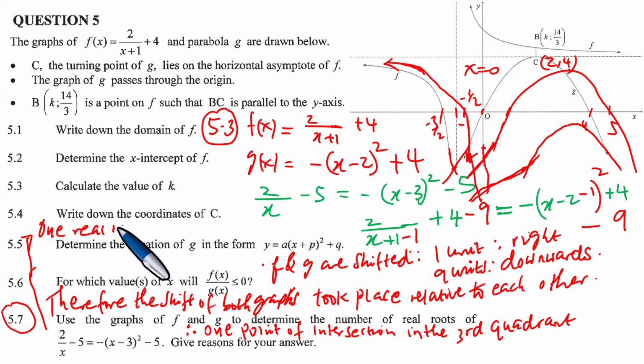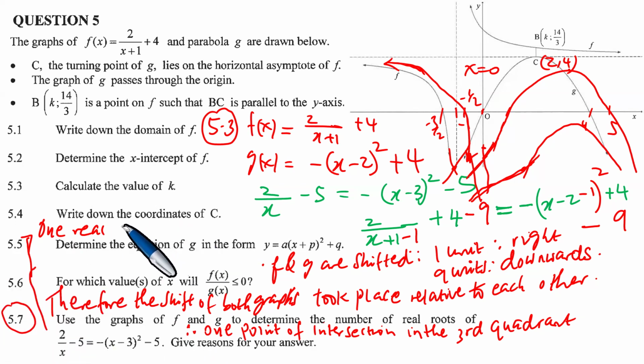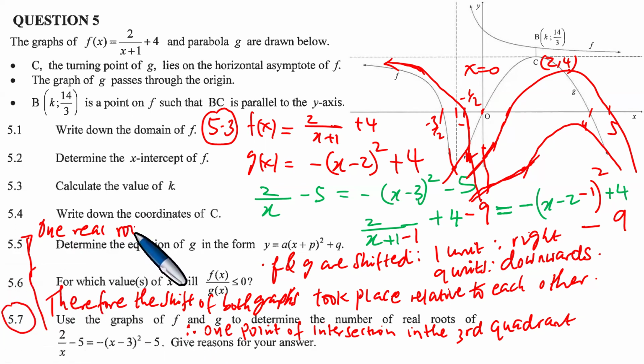Because there is 1 point of intersection in the third quadrant, there is 1 real root. So let's write that 1 real root there. Just take note of that. Because we have 1 real root, we've answered the question.